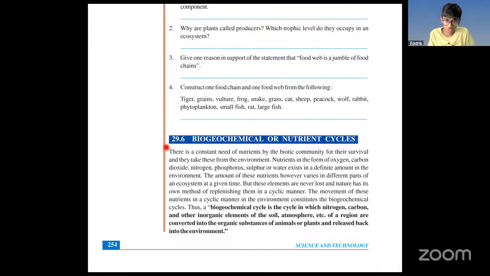The amount of these nutrients, however, varies in different parts of an ecosystem at a given time. But these elements are never lost, and nature has its own method of replenishing them in a cyclic manner. The movement of these nutrients in a cyclic manner in the environment constitutes the biogeochemical cycles. Thus, a biogeochemical cycle is a cycle in which nitrogen, carbon, and other inorganic elements of the soil, atmosphere, etc., of a region are converted into the organic substances of animals or plants and released back into the environment.